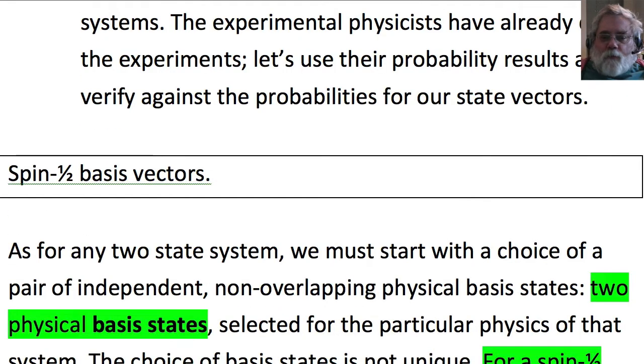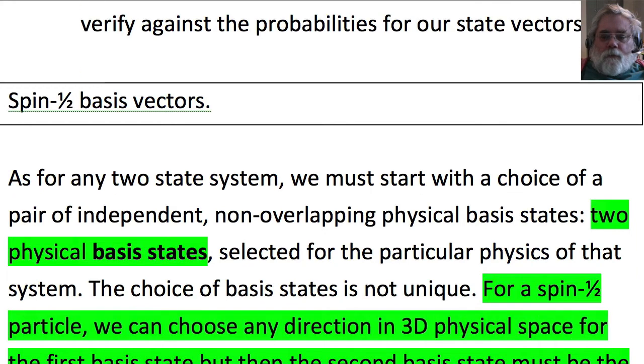Now we have to start with basis vectors. As for any two-state system, we must start with a choice of a pair of independent, non-overlapping physical basis states. Two physical basis states selected for the particular physics of that system. The choice of basis states is not unique.